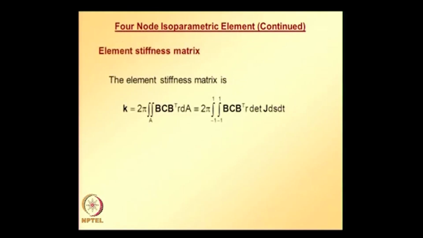The element stiffness matrix is defined like this, and since the strain displacement matrix B for the 4 node axisymmetric isoparametric element that we are looking at is not a constant, we need to adopt some kind of numerical integration scheme to approximate this integral.